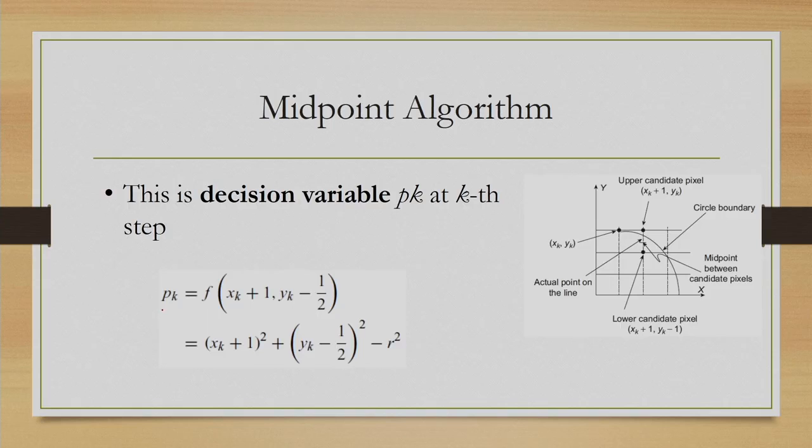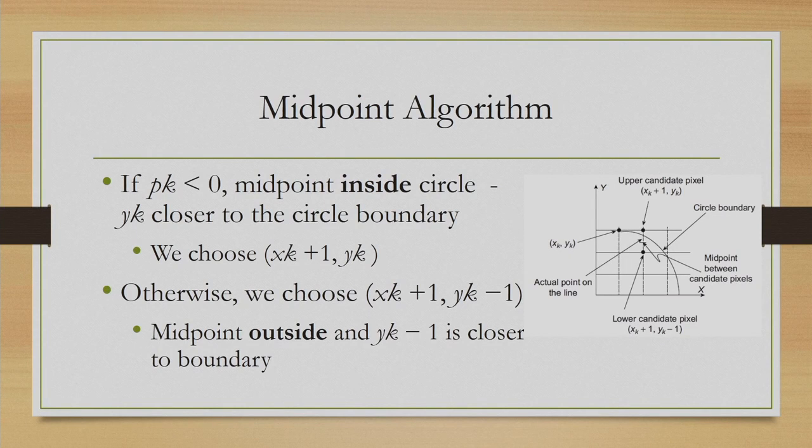So, pk will be the function value at this point. Now, if we expand the function with these coordinates, then we get this expression, which is the expression for pk. Now, if pk is less than 0, that means the function evaluates to be less than 0, then we know from the geometric property that midpoint is inside the circle.